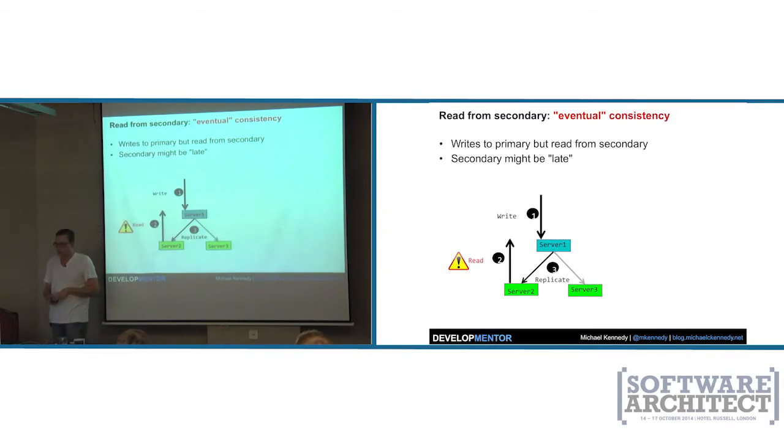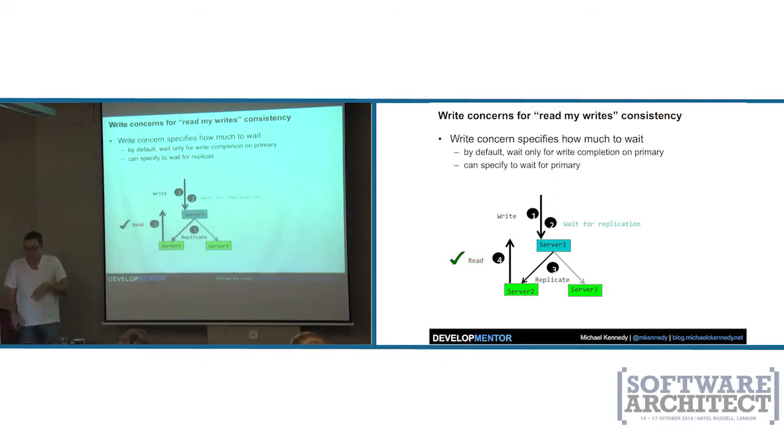If you turn it to read from secondary and you don't do anything else, you might write here and then immediately on the postback read from here, and then 100 milliseconds later it replicates over here, but it's too late. Your little review is gone and you're mad at Amazon.com or whatever. Okay? So that's a real concern.